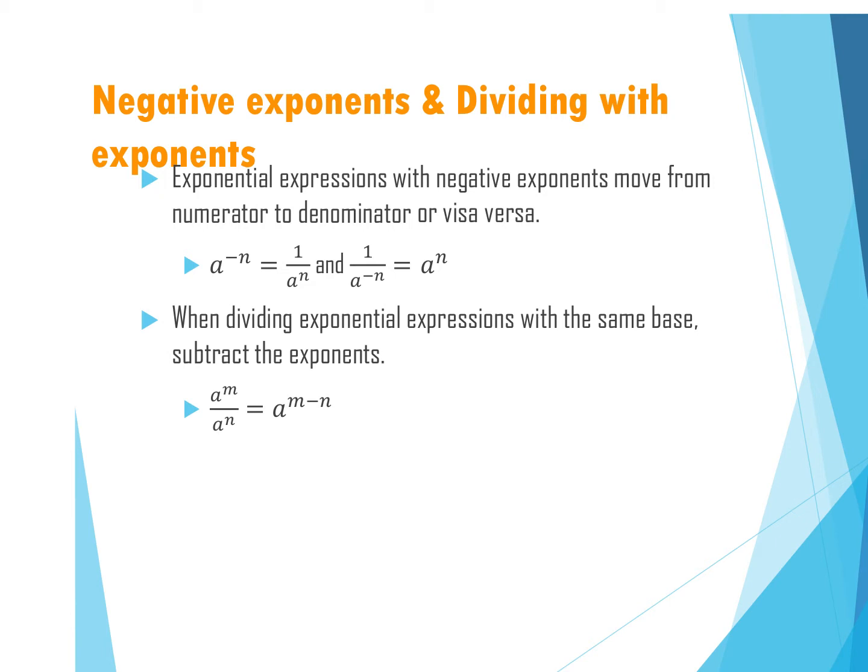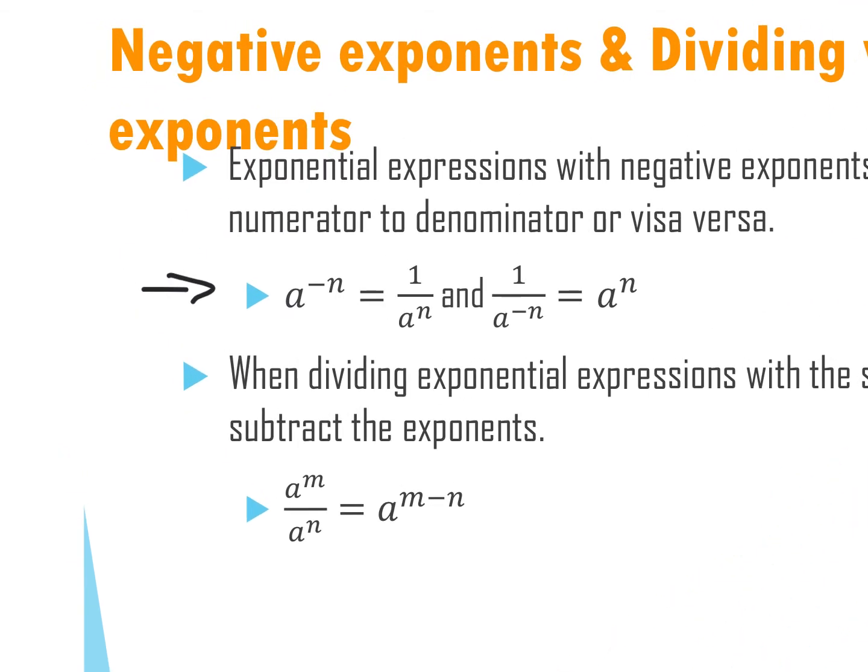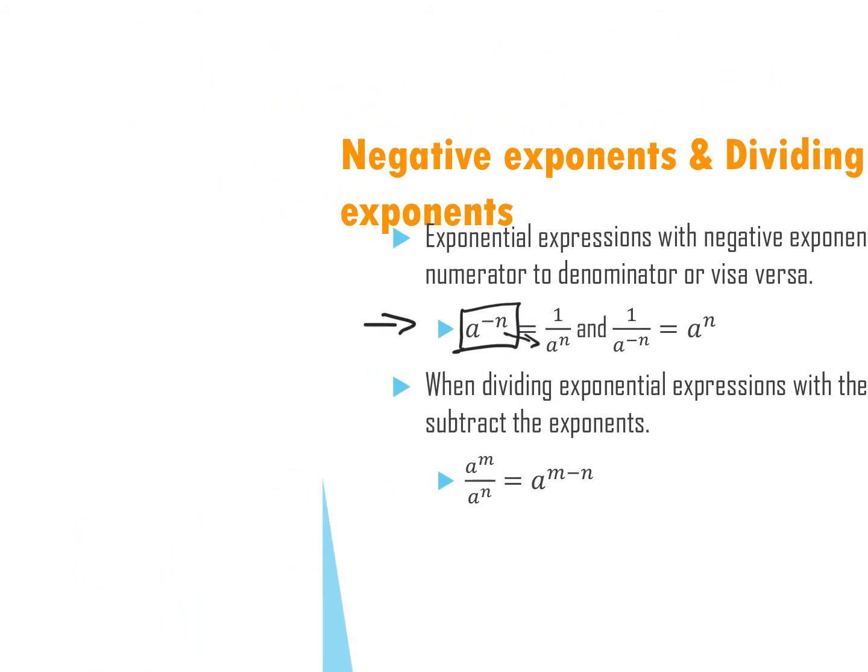So for example, here where we have a to the nth power, or negative n power, really all we're doing is taking this expression and taking away the negative sign and moving it to the bottom of a fraction. Now, if you'd rather think about it as a to the negative n being with a 1 here, and you want to think reciprocal, then you just flip it and take away the negative sign.